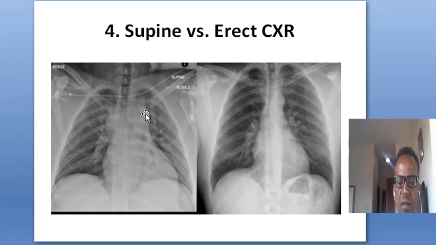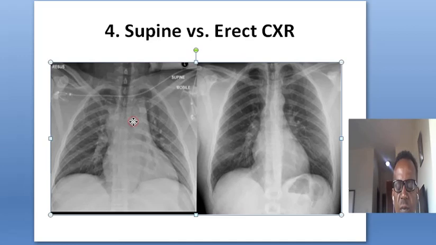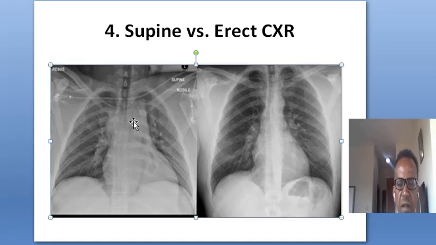But usually this X-ray is taken from supine position. So one has to request an erect chest X-ray if possible, always, to interpret chest X-ray for lung pathologies.